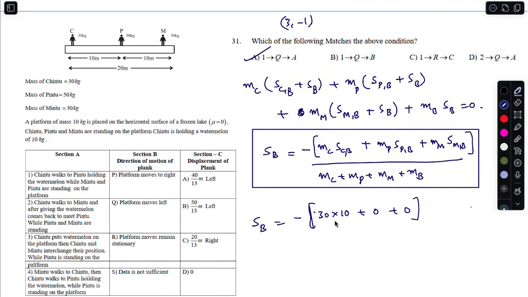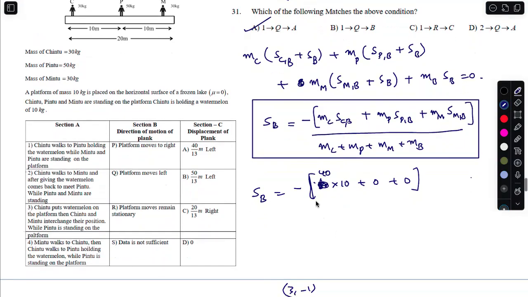Okay, the watermelon is 10 kgs, so 40. That is, 40 in hand, divided by the total mass of the system. You add all: 80 plus 30, 110 plus 10, 120. Wait a minute, the platform is 10 kg plus this 10, so 130, correct.